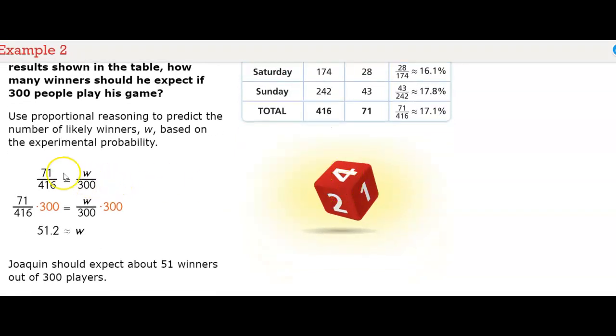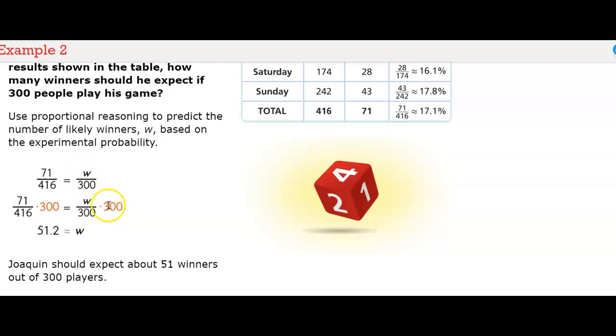The proportion they use to solve the problem is the total number of winners over the total number of players for that weekend. The winners is what we're trying to find. If 300 people play this game, we need to solve for W. We want to get W, the winners variable, by itself. So we do the inverse of division, which is multiplication.